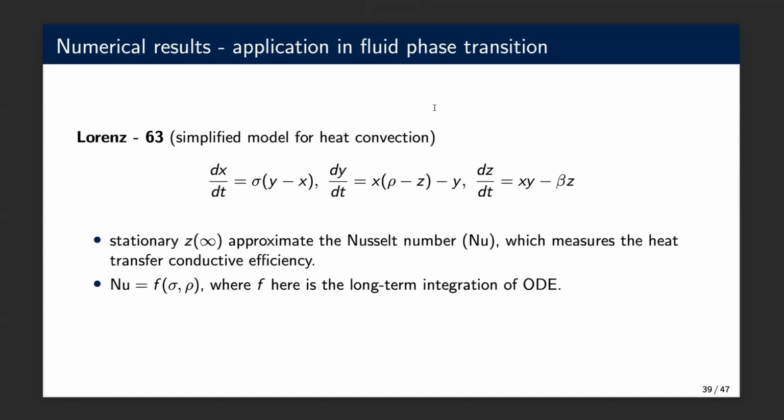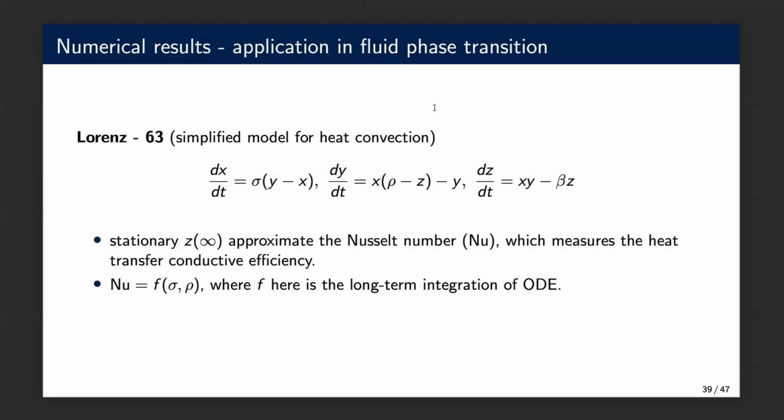Yeah, and we consider a more realistic example in fluid dynamics. The Lorenz system, which is a simplified model for heat convection, defines nonlinear ODEs, and the stationary value of the component Z approaches the Nusselt number, which measures the heat transfer efficiency.